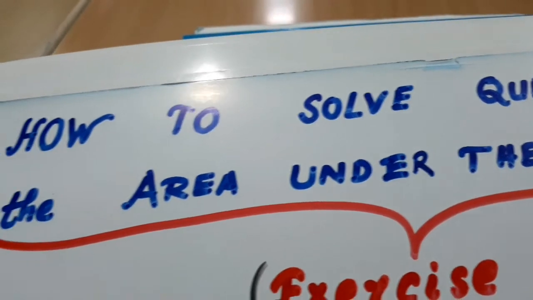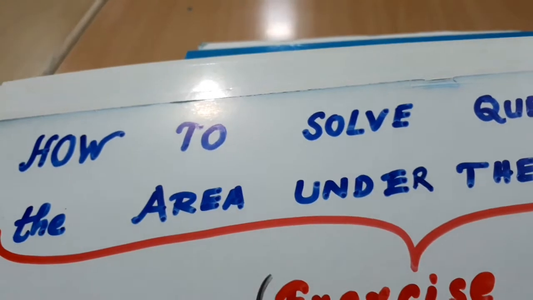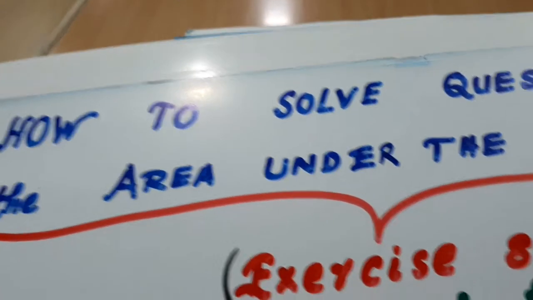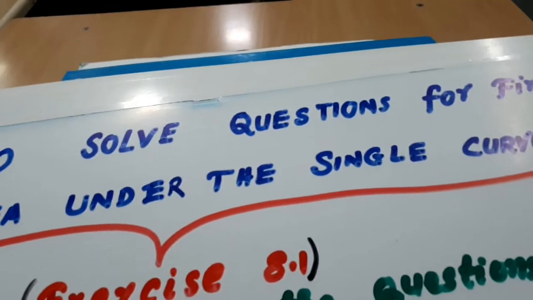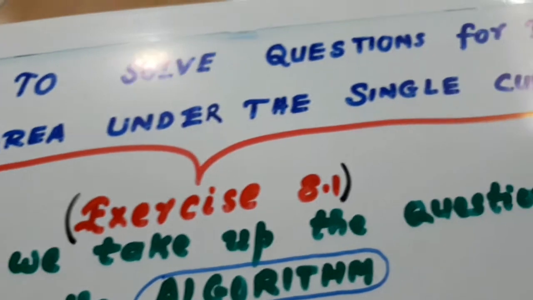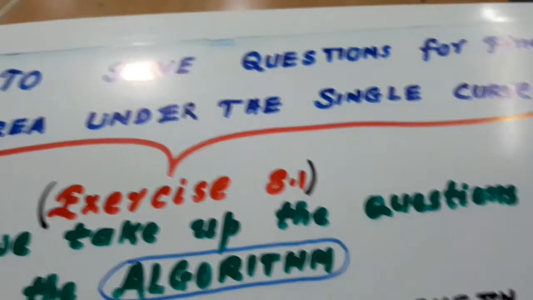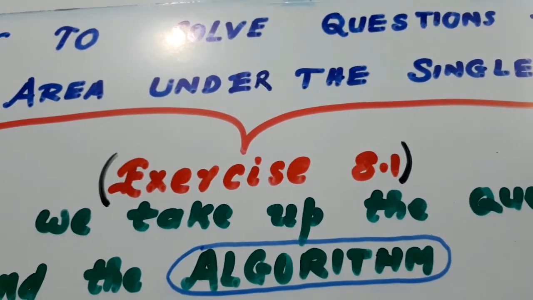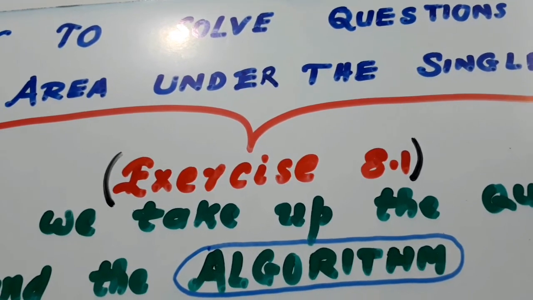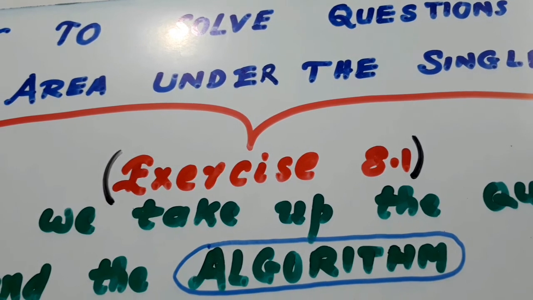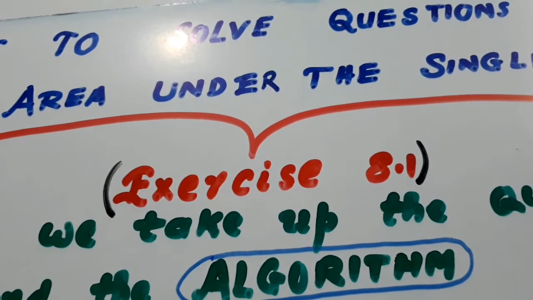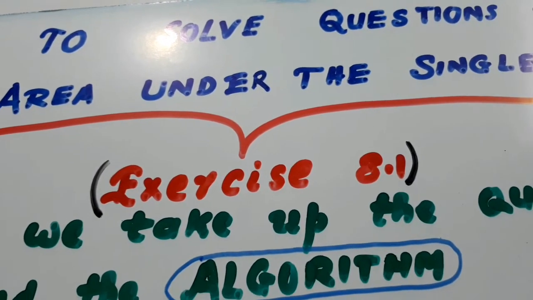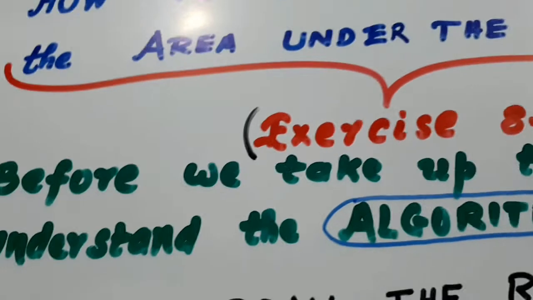Hello, dear students. I have come up with my notes on how to solve questions for finding the area under a single curve. These questions are mostly pertaining to exercise 8.1 because exercise 8.2 has been deleted by CBSE from the syllabus.